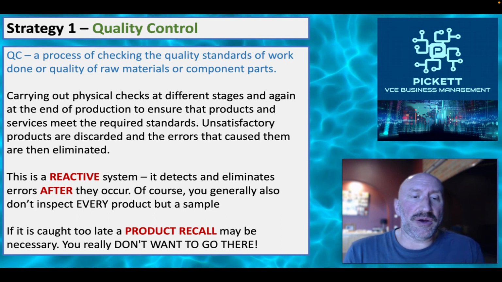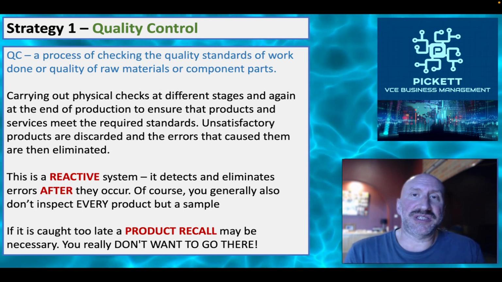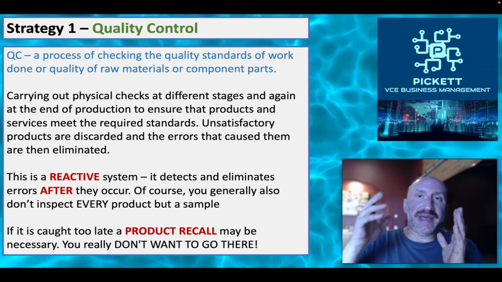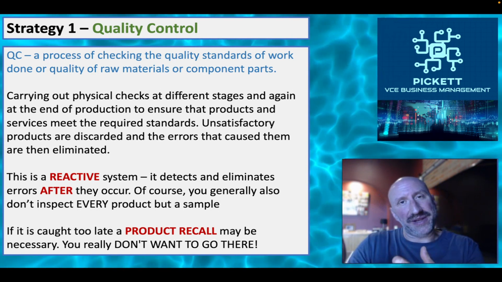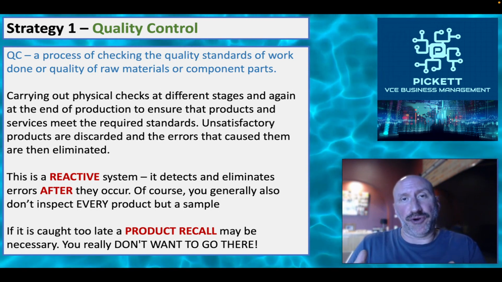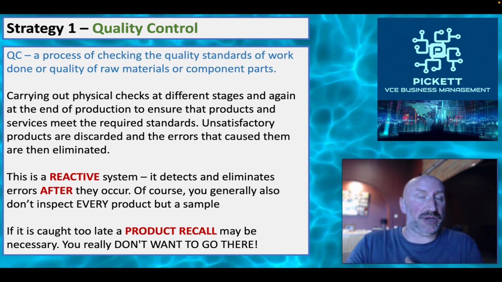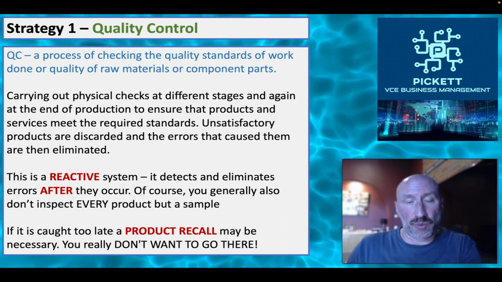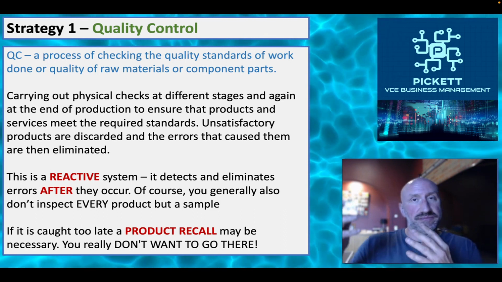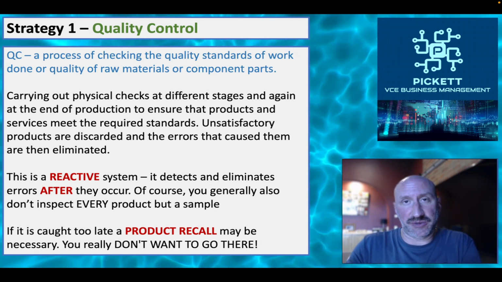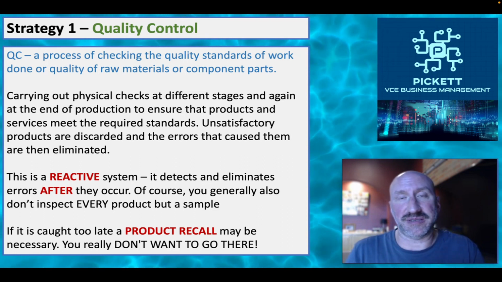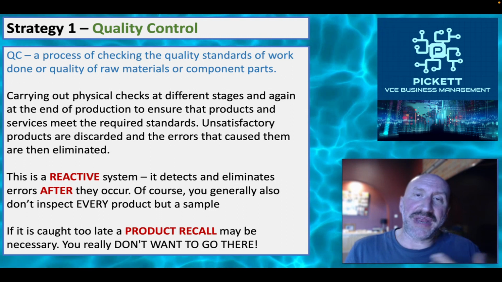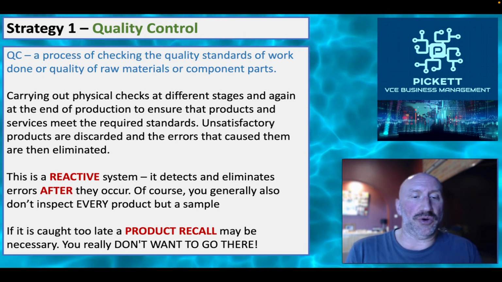Okay, now if you catch these things too late and we end up with defective products or products that don't meet your quality standards actually ending up with the customer or on supermarket shelves, shop shelves, and so forth. So at a point where customers can buy them, then that can lead to a product recall.